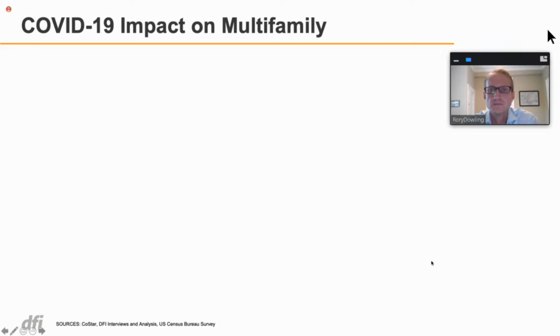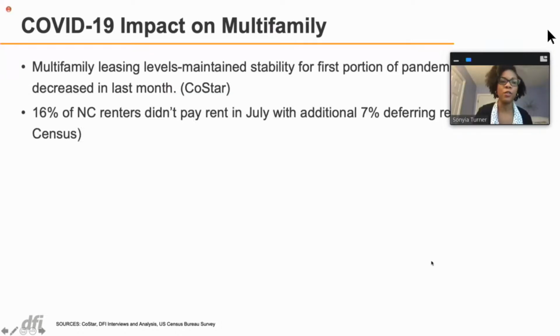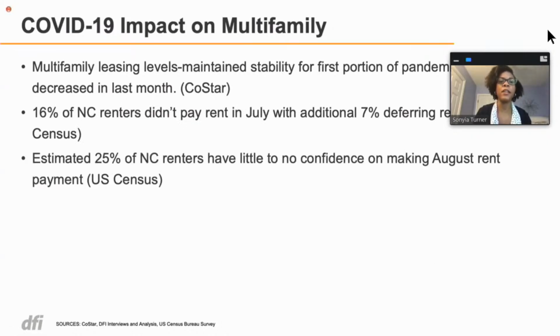Thank you. So I'll walk through this fairly quickly. High level takeaway is that multifamily, the story is still unfolding on the impact of COVID on this specific sector of the market. 16% of North Carolina renters didn't pay rent in July, with an additional 7% deferring rent.